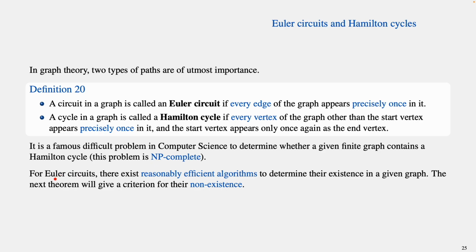And for Euler circuits, on the other hand, there exist some reasonably efficient algorithms to determine whether they exist in a graph or not. By reasonably efficient, I mean that they have polynomial runtime, if you know what that means. And the next theorem will give a criterion for the non-existence of Euler circuits. Actually, a very simple one.